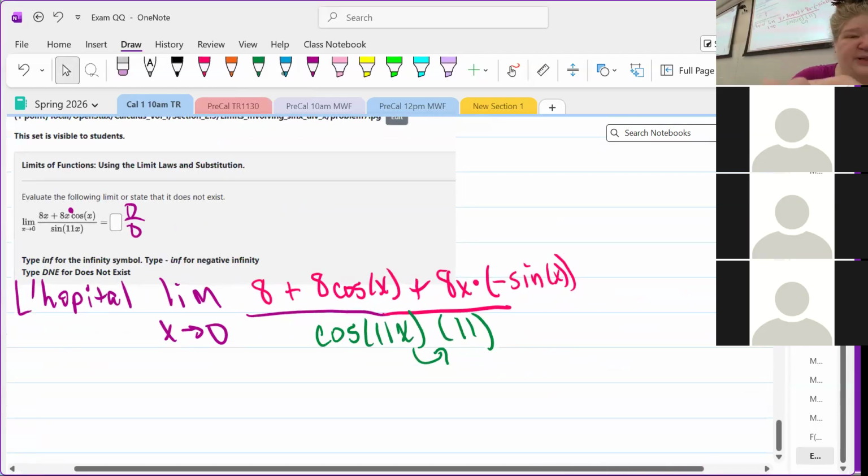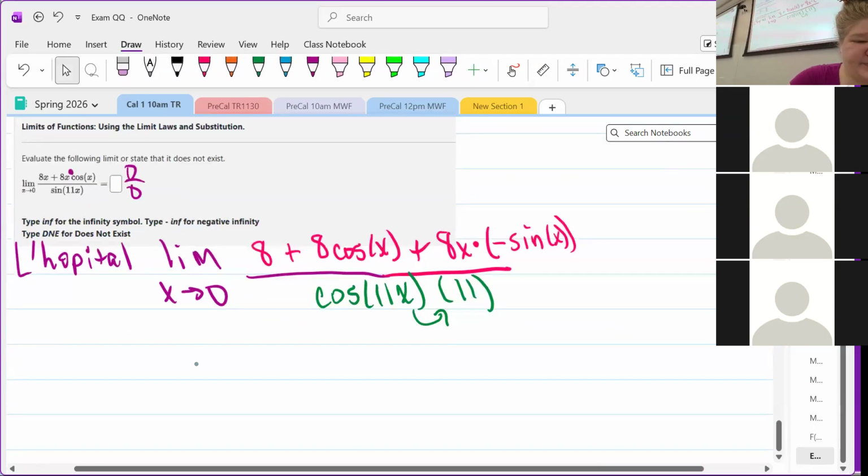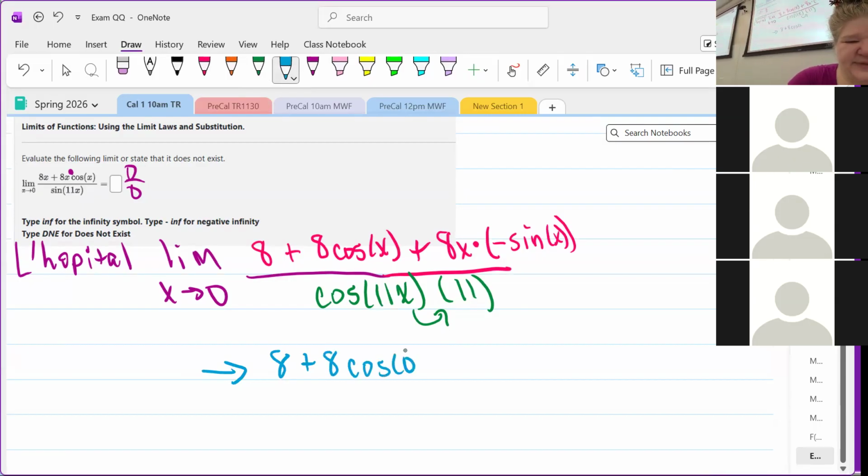All right, now we can plug in the 0 again. So I will have the number 8 plus 8 times the cosine of 0. Cosine of 0 is 1 plus 8 times 0 times the negative sine of 0. So this whole thing is just 0.